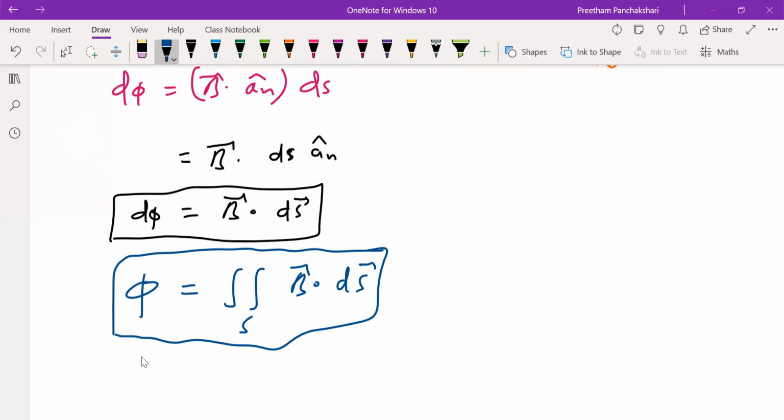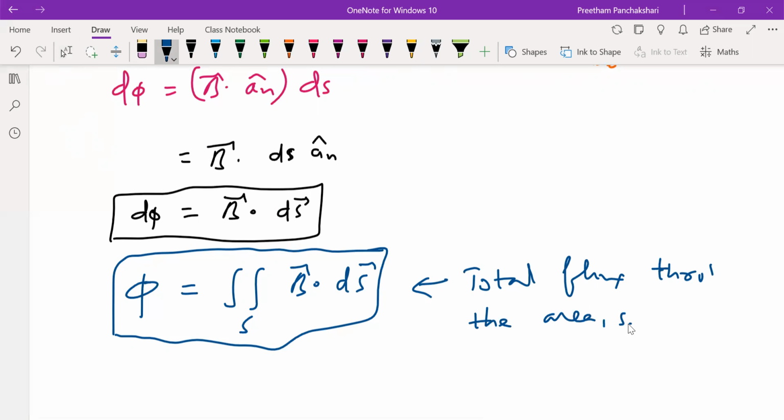Integration indicates addition. So using the flux density B, we can find the amount of flux passing through every differential area and add them. This gives the total flux through the area S.